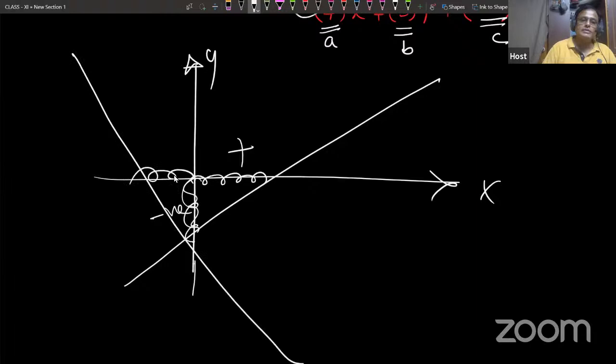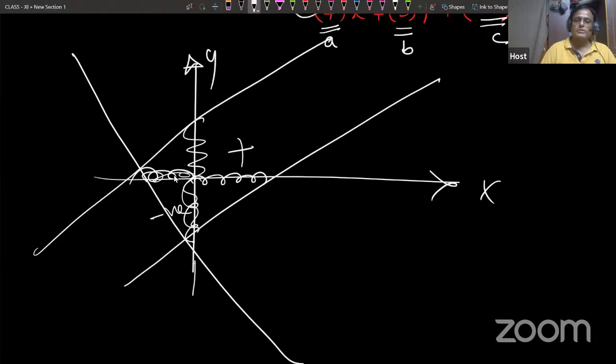If the line is cutting like this, y-intercept is positive, x-intercept is negative. Already in the beginning, I've given you a very clear idea about this. So these are the different forms of equations of straight lines. Still, we need to study normal form, general form, and different examples on all the forms.